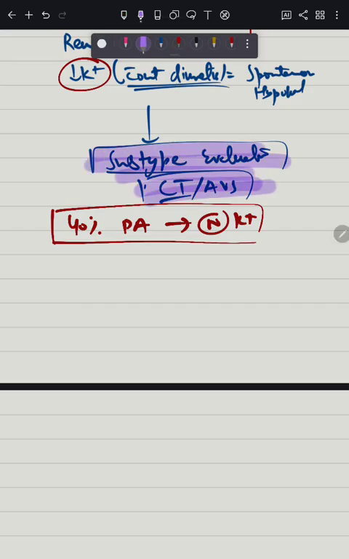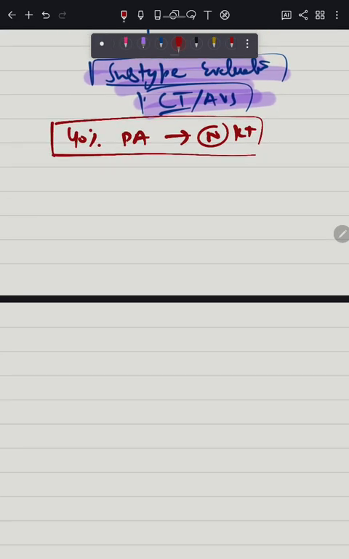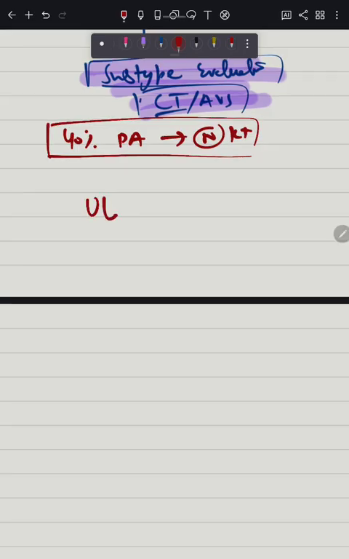I'll be discussing this. You see, not all primary aldosteronism is the same. There are two main subtypes that matter for treatment: unilateral disease and bilateral disease. Patients can have unilateral adenoma, bilateral adrenal adenoma, bilateral adrenal hyperplasia, or carcinoma. They can all manifest with primary aldosteronism.